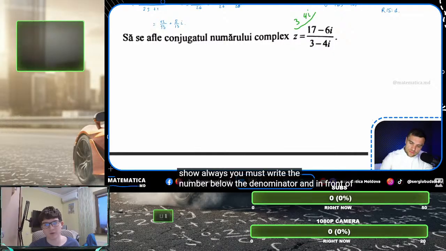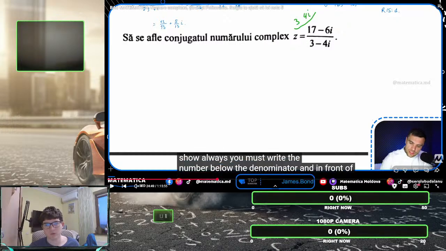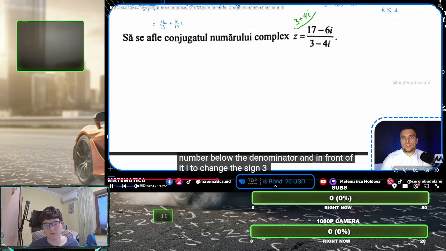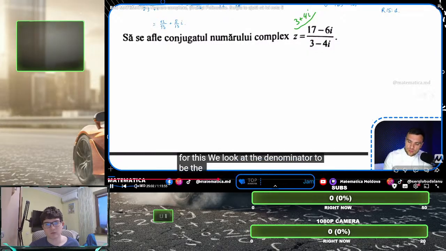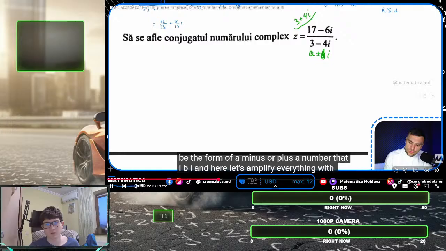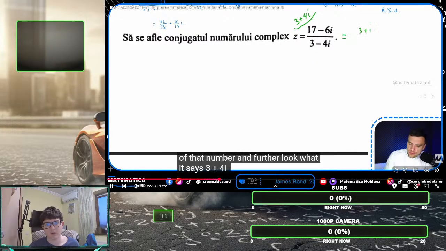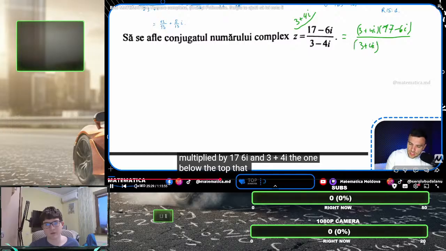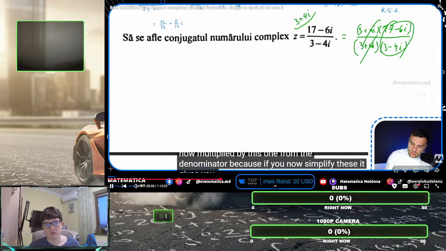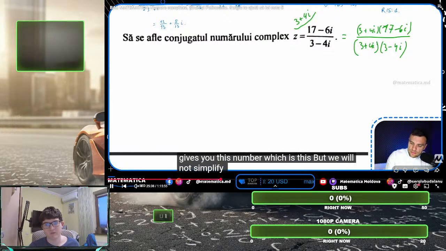We're gonna do the calculations, and once again there's gonna be some simplifications, and i to the second power is -1. It's not so hard to remember. Okay, so that's that. 3 plus 4i, stuff like this, stuff like that.